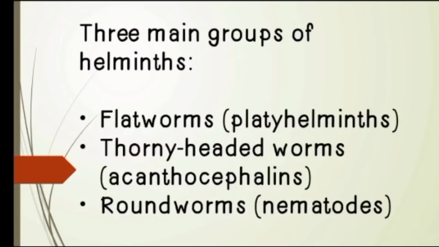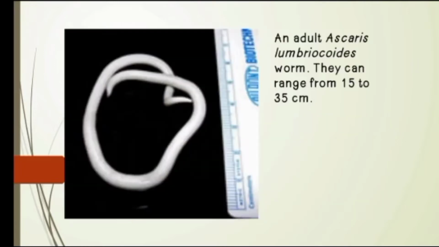There are 3 main groups of helminths, and those are the flatworms or platyhelminths, thorny-headed worms or acanthocephalans, and roundworms or nematodes. And this is an example of a helminth parasite. It is an adult Ascaris lumbricoides worm, which can range from 15 to 35 centimeters.